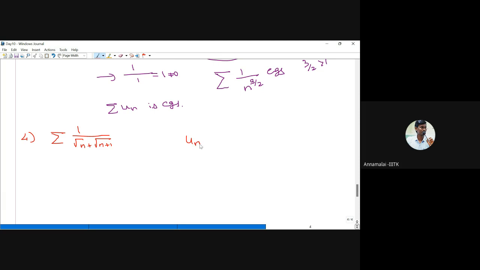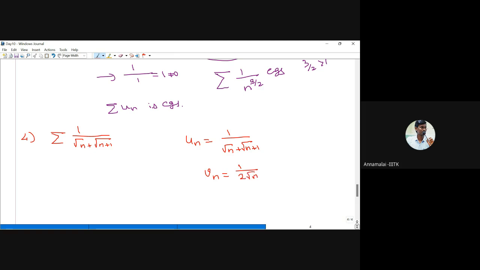Therefore, Un equal to 1 by square root of n plus square root of n plus 1. So what is your guess, Vn? Suppose some constant is added with the n, we have to omit that constant and then take the remaining thing. So root n plus root n, suppose I am taking 2 into square root of n.